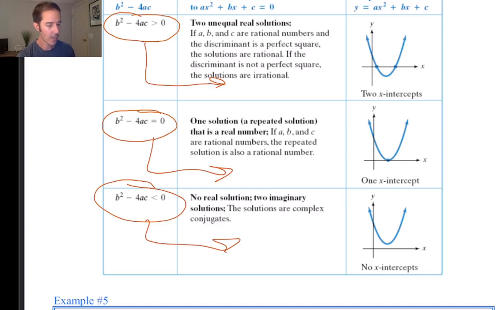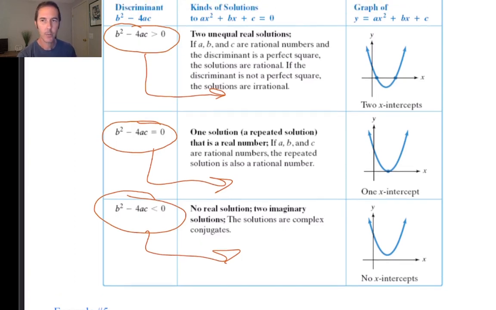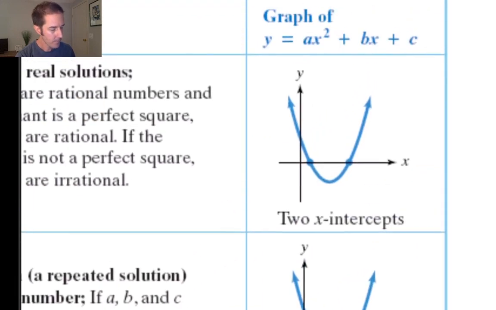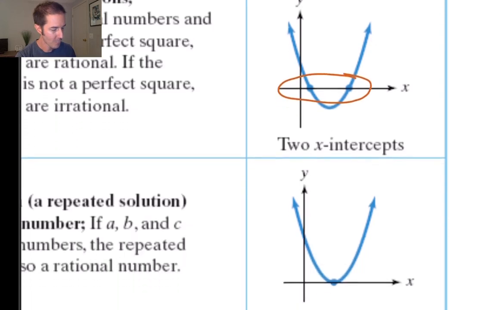And when you take that parabola and you set it equal to 0, what that 0 really is representing is a y value of 0. And you can see on this graph that these 2 points have a y value of 0. The x coordinates of those 2 points are your solutions to the equation when your quadratic equation is set equal to 0. So here you've got two solutions, two x-intercepts.